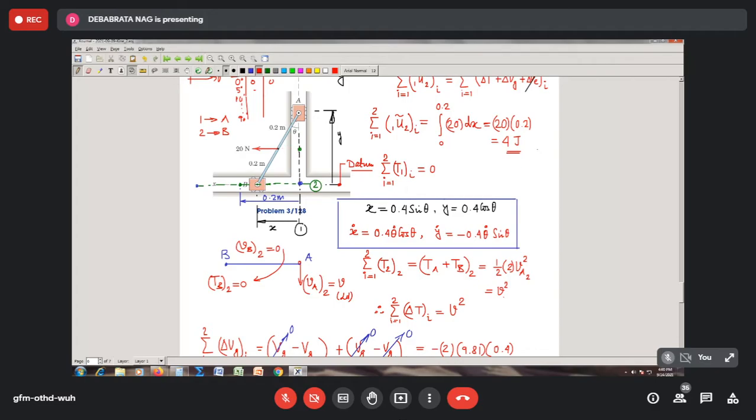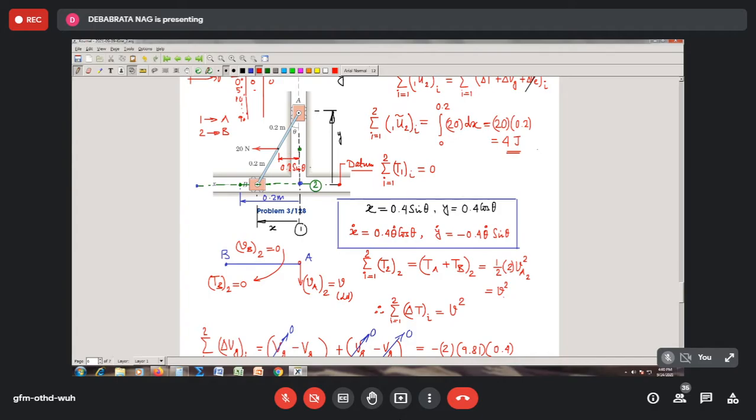Say for example, if it is at angle theta, how much will this distance be? We can say if this is theta, then this distance will be 0.2 into sine theta, right? And how much will be the work done from this position to this position by this 20 Newton force? It is obviously 20 multiplied by this distance. Now you cannot just multiply it by this. You need to calculate it for small angle variation.